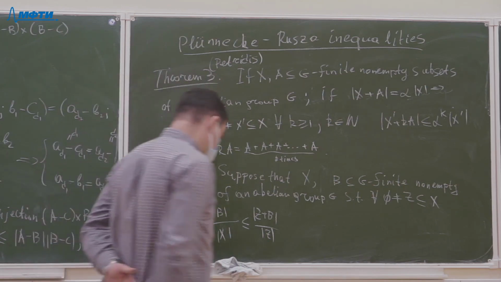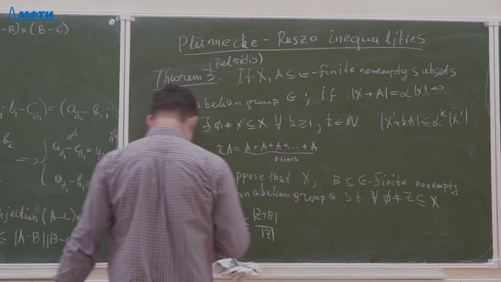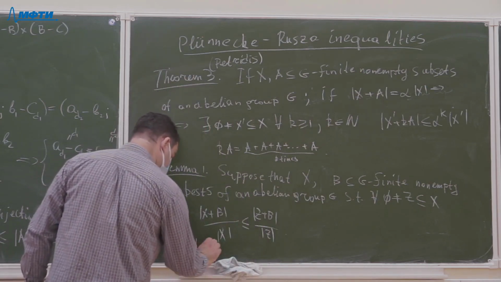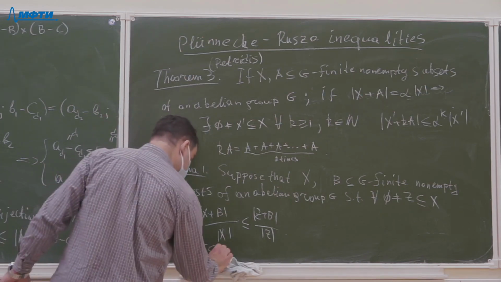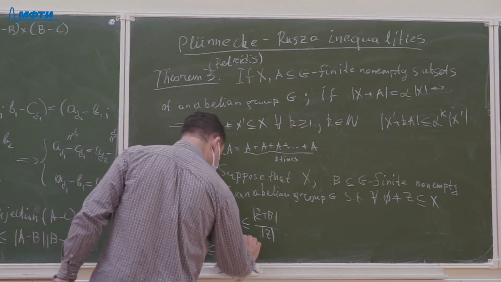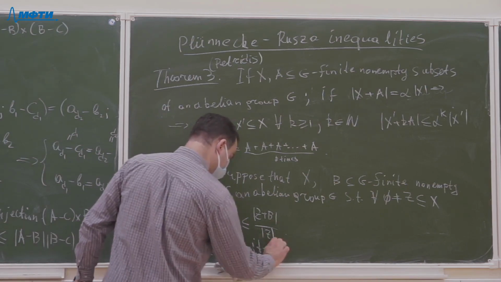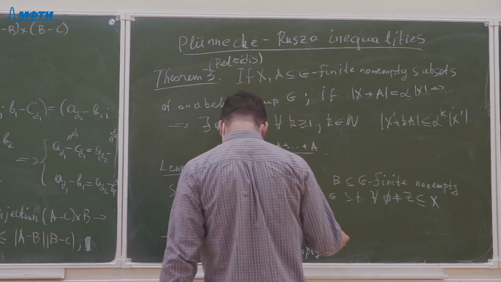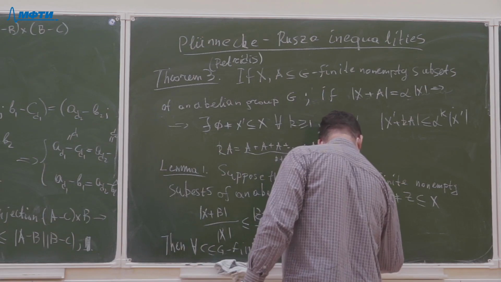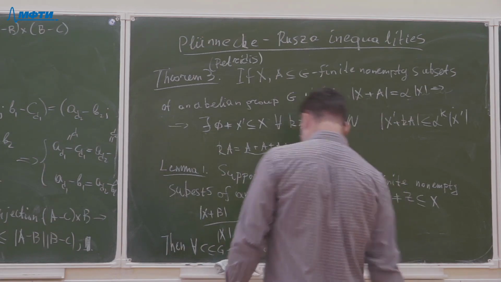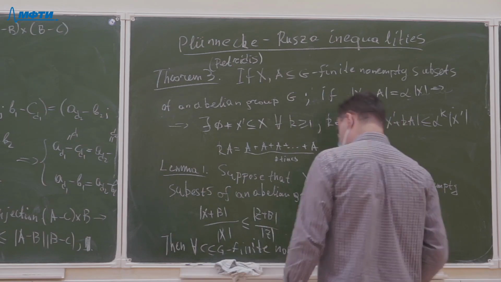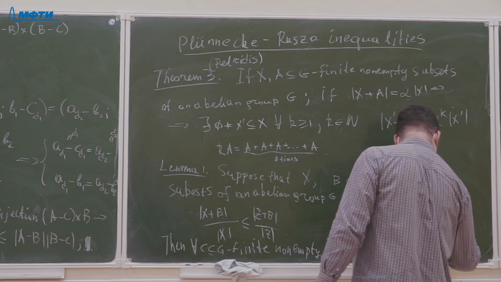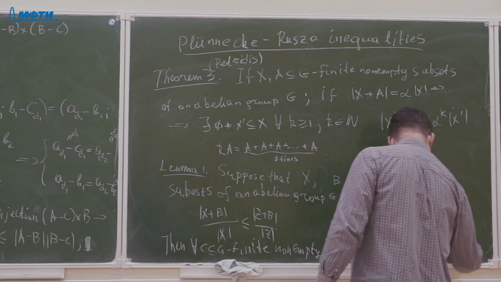Well, then for any finite non-empty subset C of G, |X+B+C| is at most |X+B| times |X+C| divided by |X|.